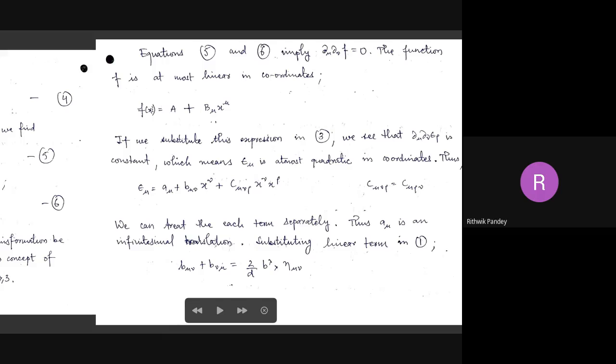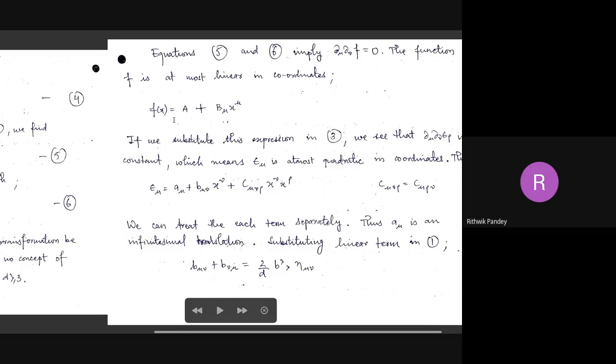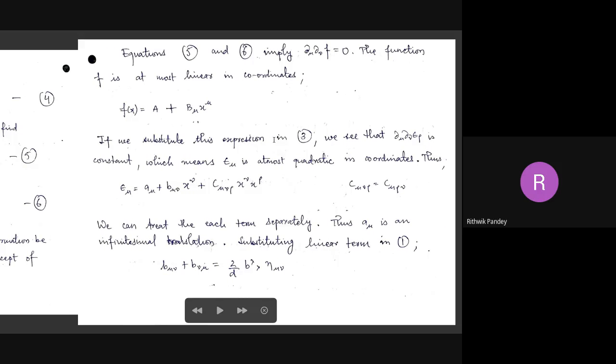So I can expand f(x) as a plus b mu x mu, where a and b mu are some constants. And if we use this expression in equation 3, we see that del nu epsilon rho is a constant, which means that epsilon mu, the change in coordinates, is at most quadratic in the coordinates.